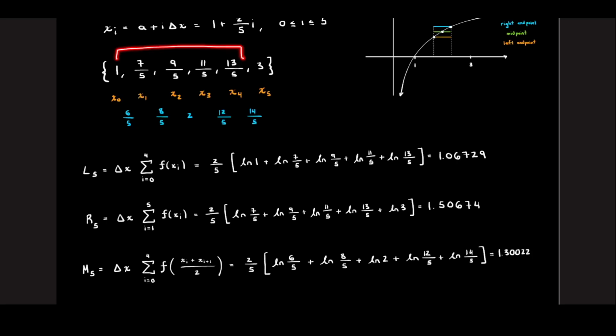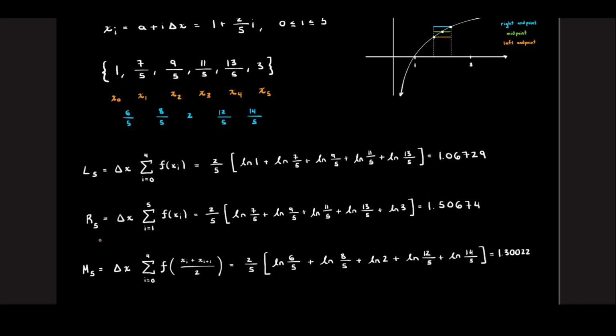So I just need to evaluate the function at these values and add up the results. These are going to be the heights of each rectangle. So that's what I'm doing. Natural log of 1 plus natural log of 7/5 plus natural log of 9/5, and so on and so forth, all the way to the very last height, which is going to be natural log evaluated at 13/5. Now you put all this in your calculator, and the final answer is going to be about 1.06.